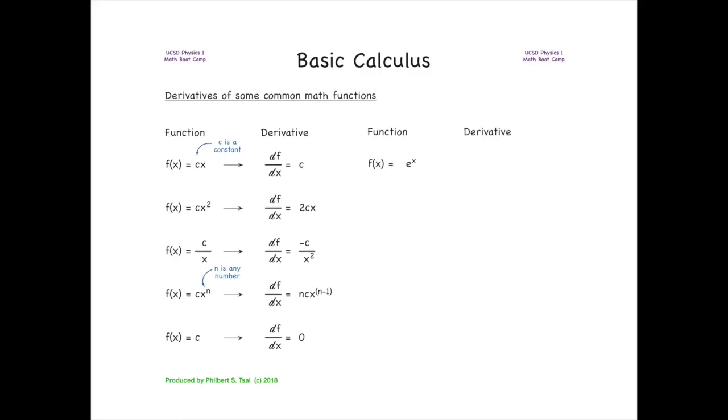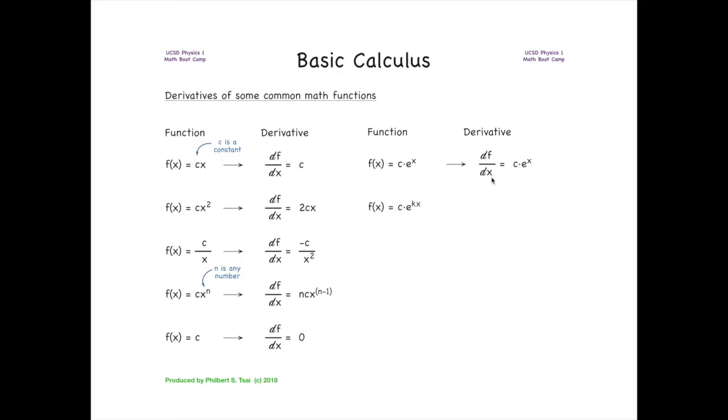Some other derivatives of common functions include the derivative of the exponential e to the x. Turns out that the derivative of e to the x is just e to the x. Similarly, the derivative of a constant times e to the x is just that same constant times e to the x.